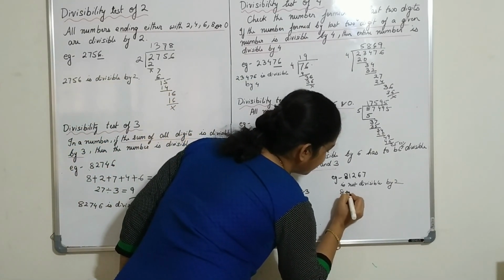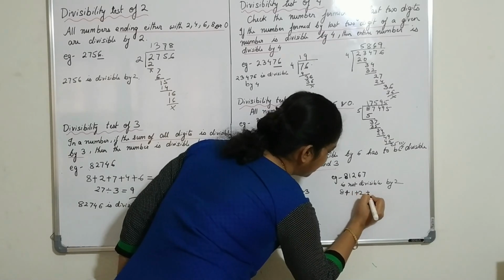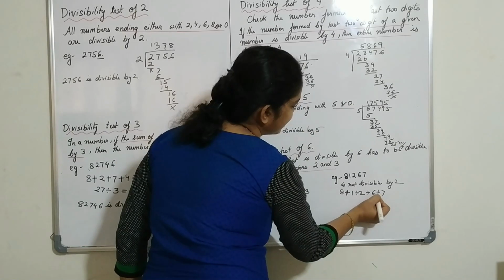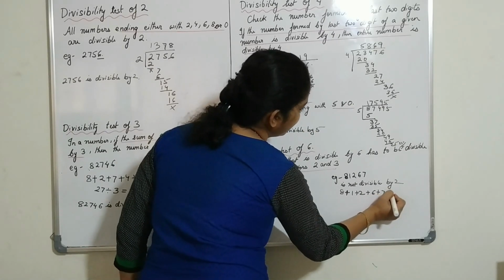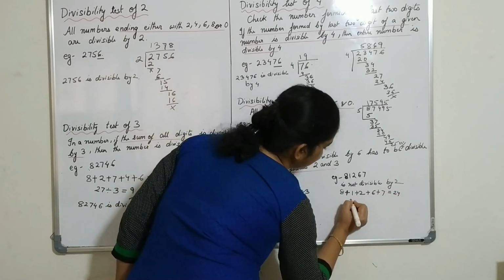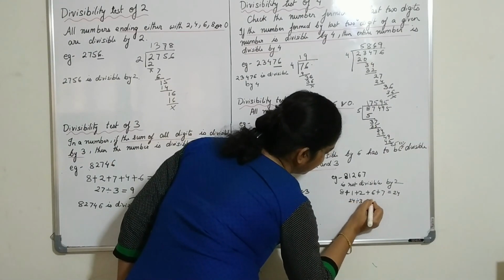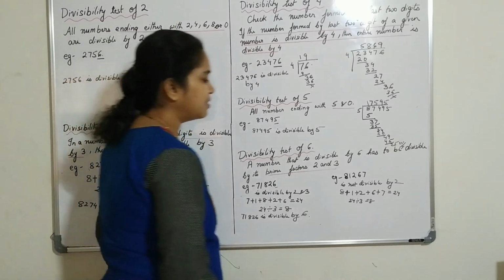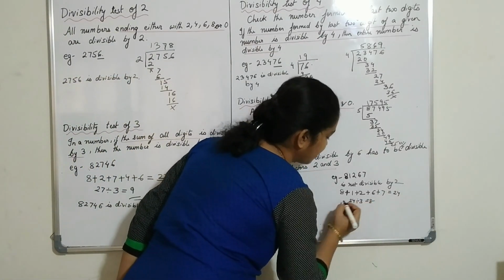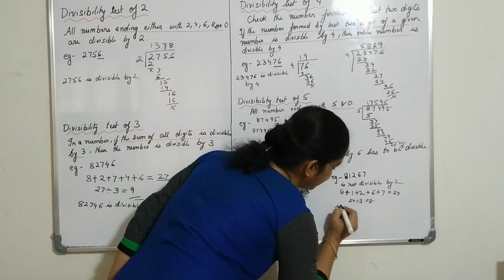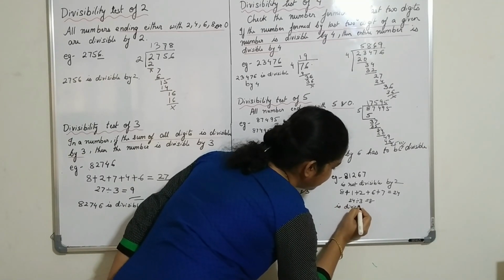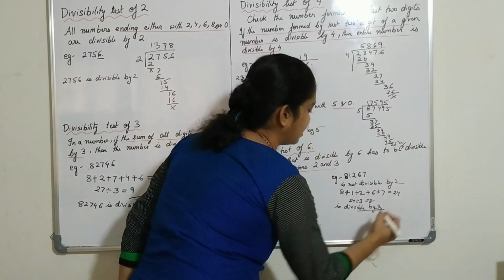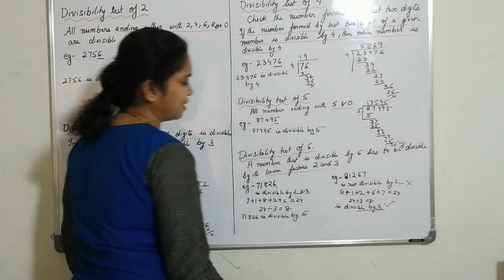8 plus 1 plus 2 is 11, 11 plus 6 is 17, 17 plus 7 is 24. So 24 divided by 3 is equal to 8. Hence this number is divisible by 3. It is divisible by 3, but it is not divisible by 2.